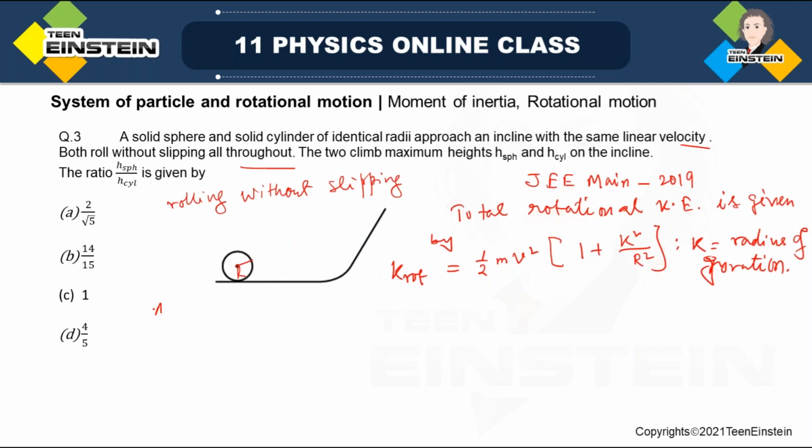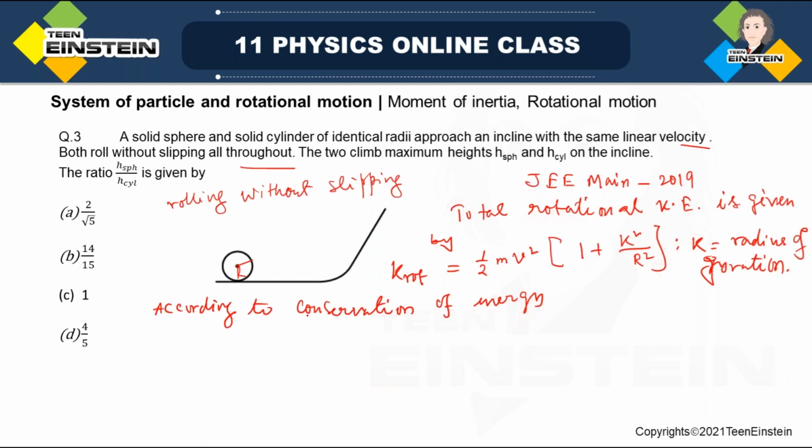Now see, according to the law of conservation of energy, whether it is linear motion or rotational motion, the energy conservation law will be followed everywhere because that is universal.